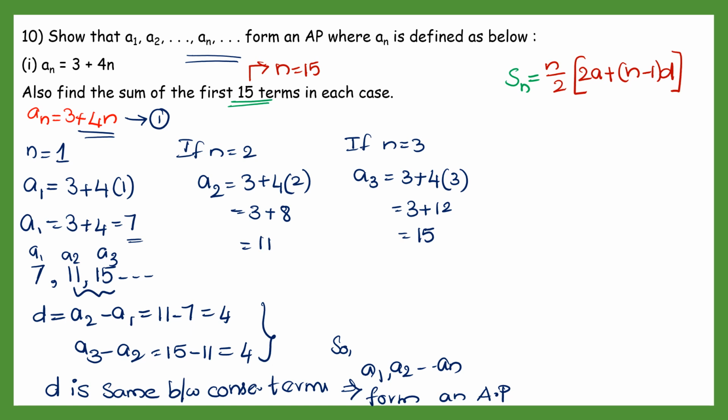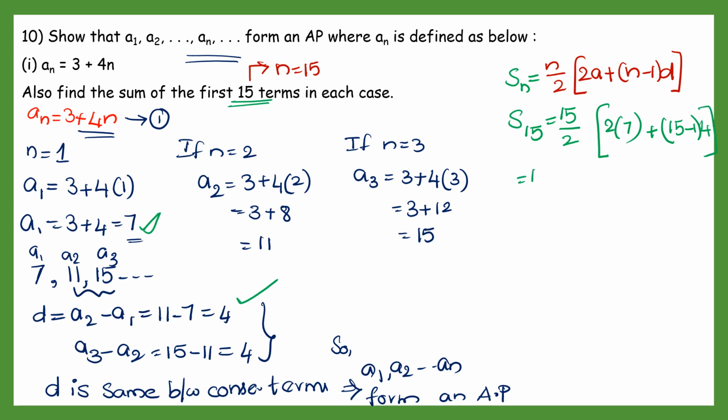Now substituting, you get S15, that is sum of 15 terms is equal to 15 by 2 into 2a. a is the first term. We got a as 7. Plus n minus 1, so 15 minus 1 into d is what? Common difference. We got d as 4.